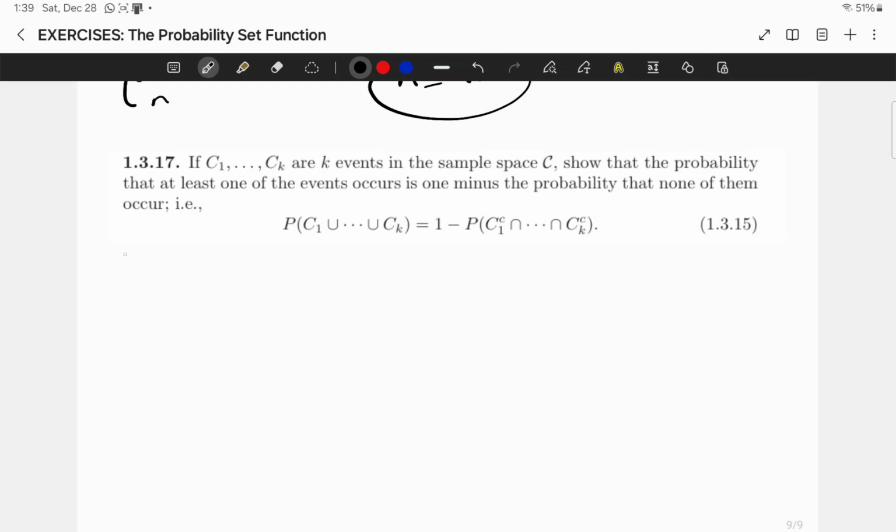So another one, probability of C1 union ... union CK, that equals 1 minus the probability of none of them occurring. So let's use this theorem.